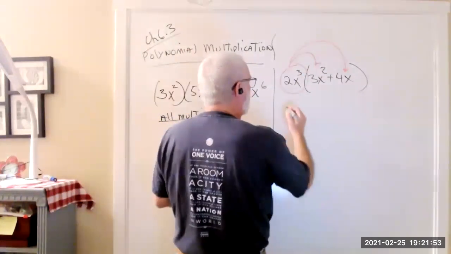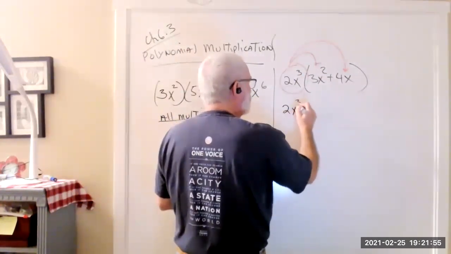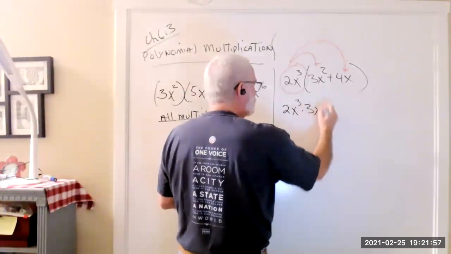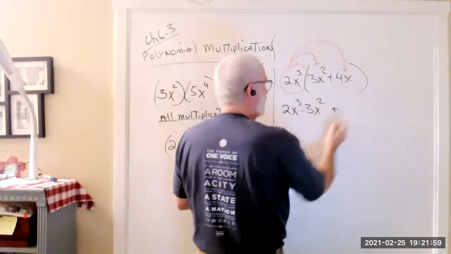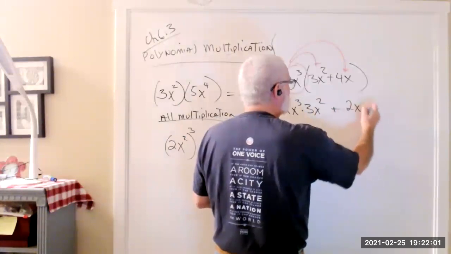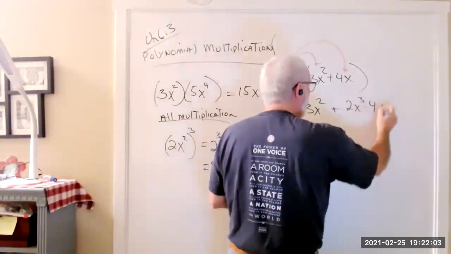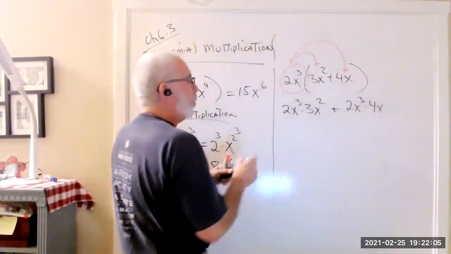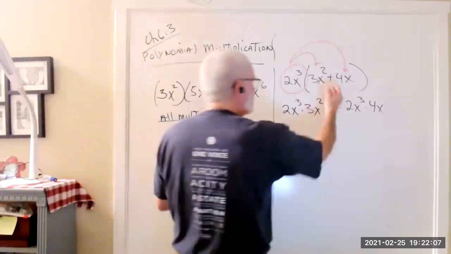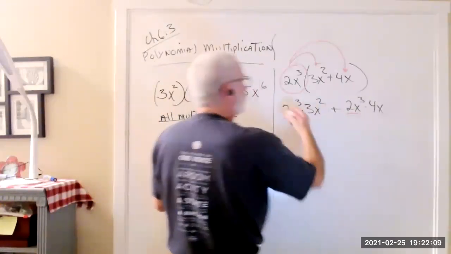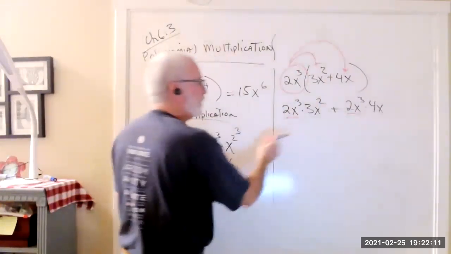So we end up with 2x cubed times 3x squared plus 2x cubed times 4x. So when there was a plus or a minus here, we said we could distribute the 2x cubed to everybody.